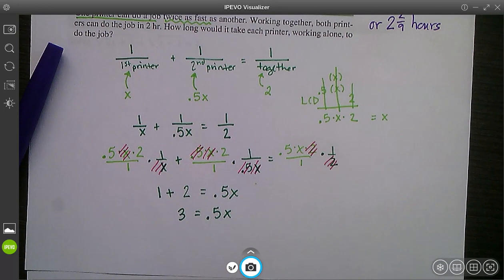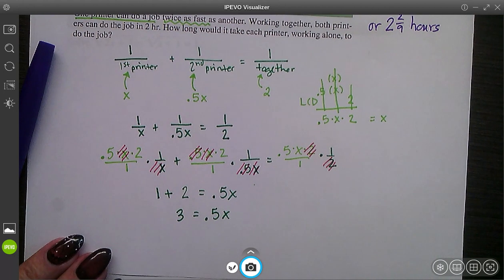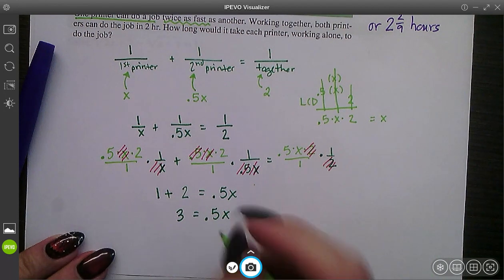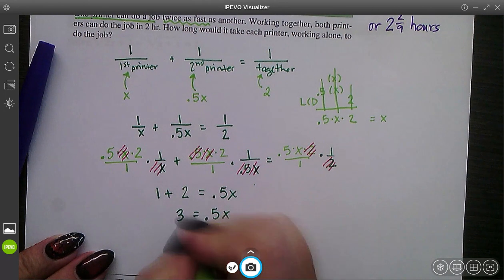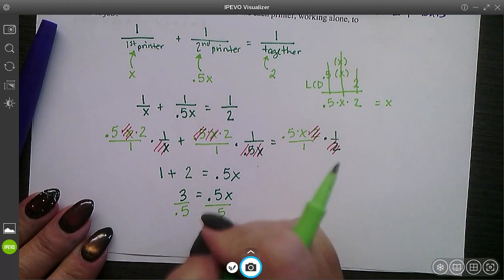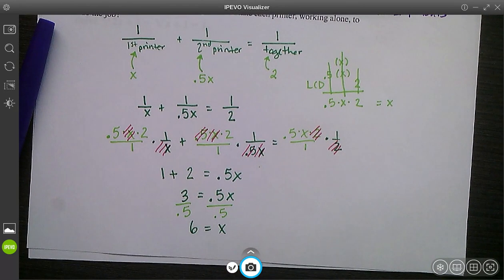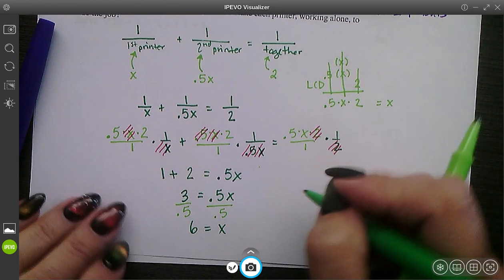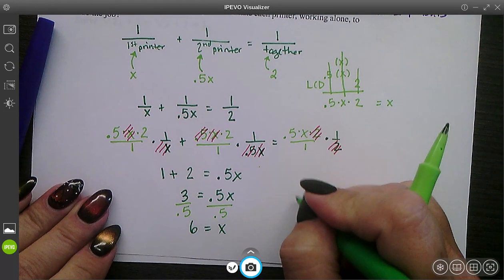And then to solve that, I could either divide both sides by 0.5, or I could multiply both sides by 2. Either way, we are going to get the same answer, that x would be 6. So the question asked how long would it take each printer working alone to do the job. One of the printers takes 6 hours.